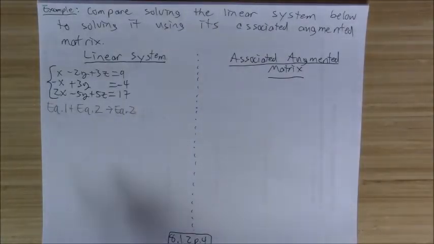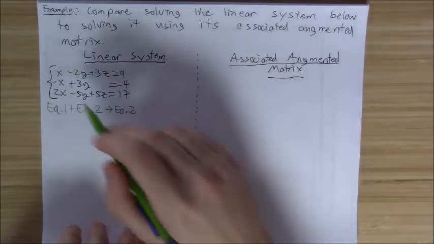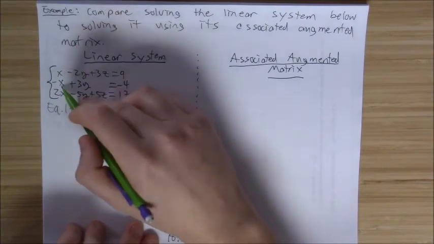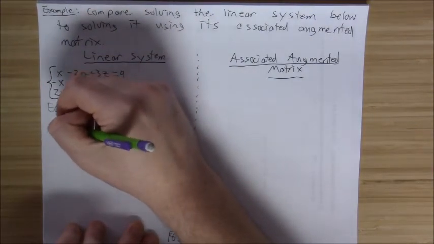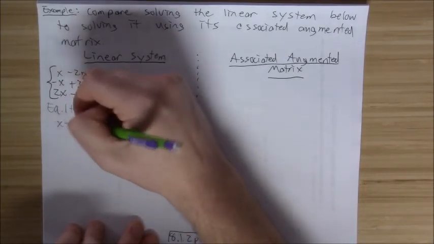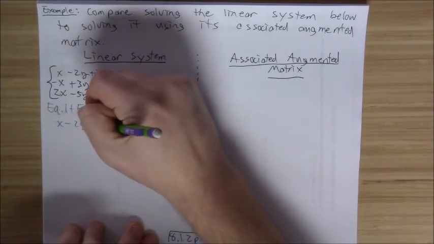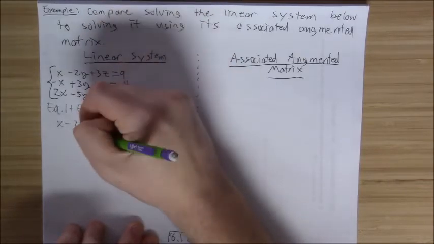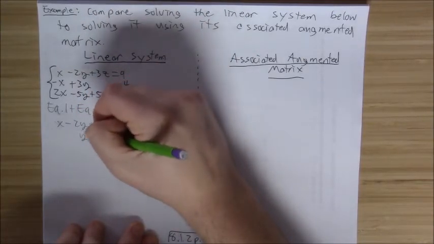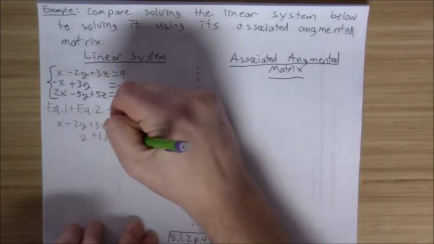That will eliminate the x's, and the top will remain unchanged: x minus 2y plus 3z equals 9. The bottom, once we add, will become y plus 3z equals 5.